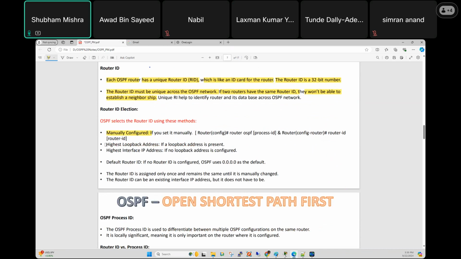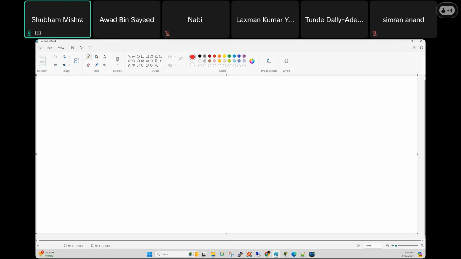Second, if you do not configure it manually, then the second criterion for router ID is the highest loopback address. If you do not configure a loopback, then the highest interface IP address will become the router ID.